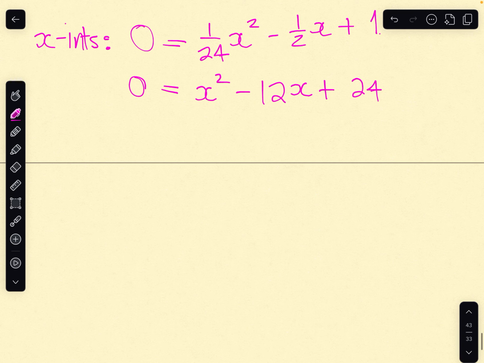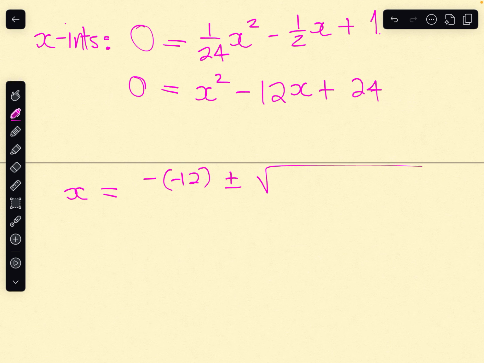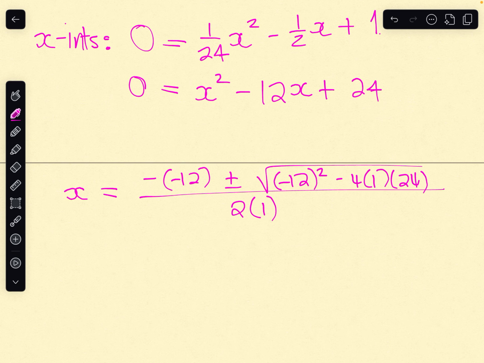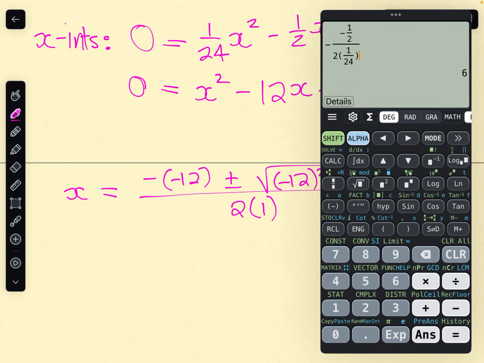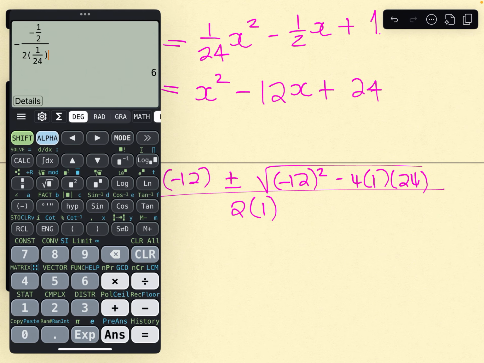Let's solve. So x will be equal to minus b plus or minus the square root of b squared minus 4ac, divided by 2 times 1. I'm not going to waste time, I'm just going to put this straight on the calculator.